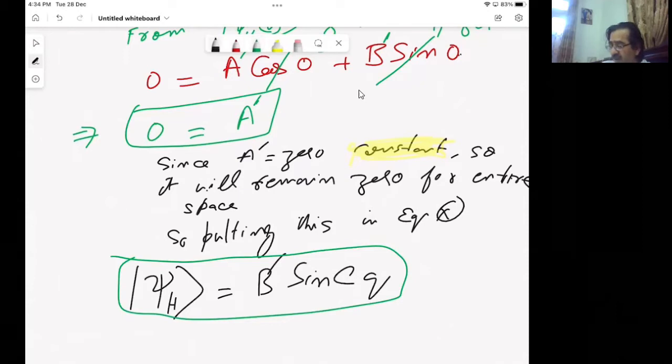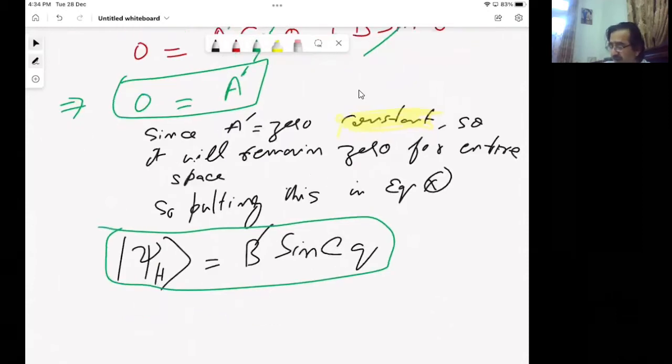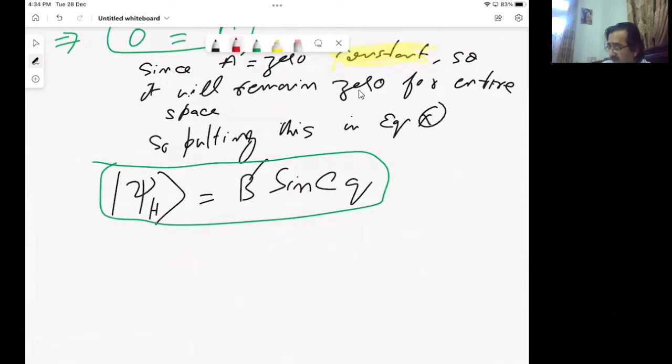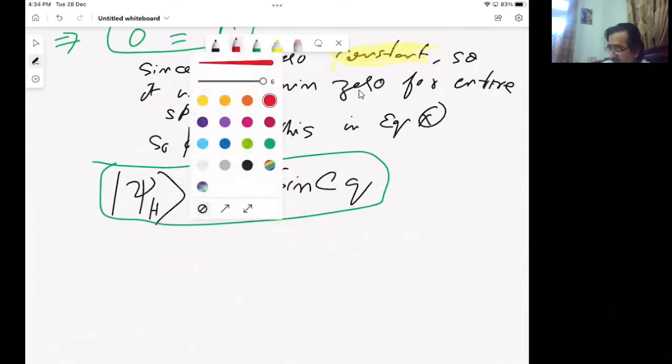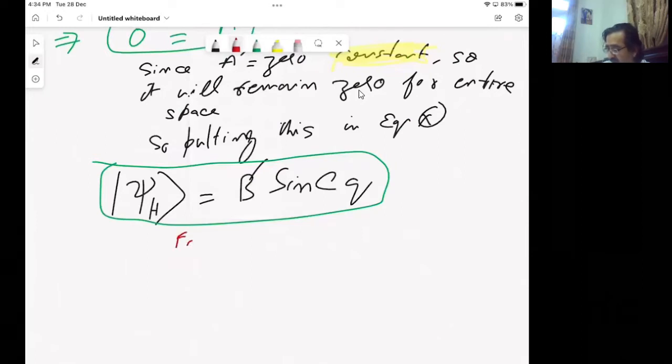To find the value of B prime, we know that for Q equal to L, psi HL is 0.